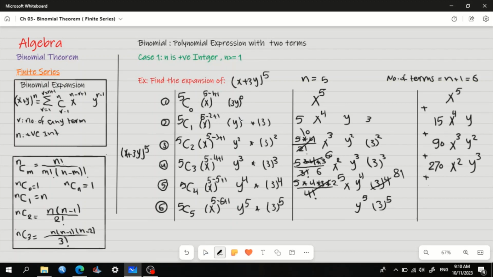Okay, so here we have 405 x y power 4 plus, the last term here 3 to the power 5 equals to 243. Here we don't have x, so y power 5.